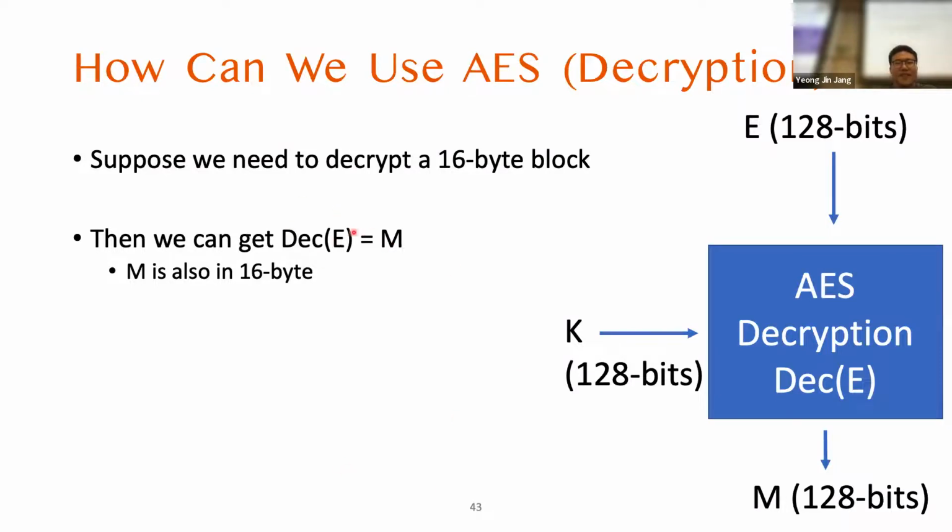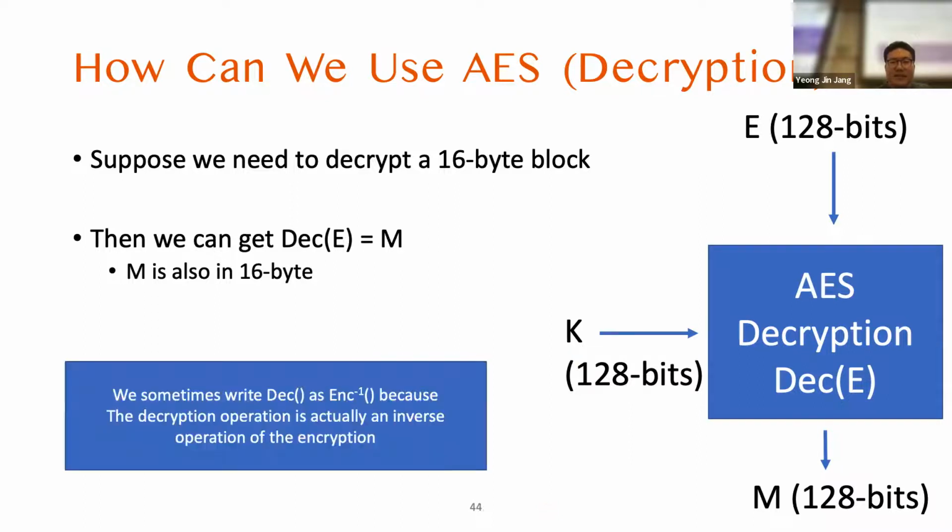We can think of decryption as applying the decryption function over the encrypted data to get M, for the specific key, because the key determines how the numbers will be permuted. Sometimes we write the decryption function as the inverse of the encryption function, with -1 as a superscript, because it's exactly the inverse function mapping from there back to here.